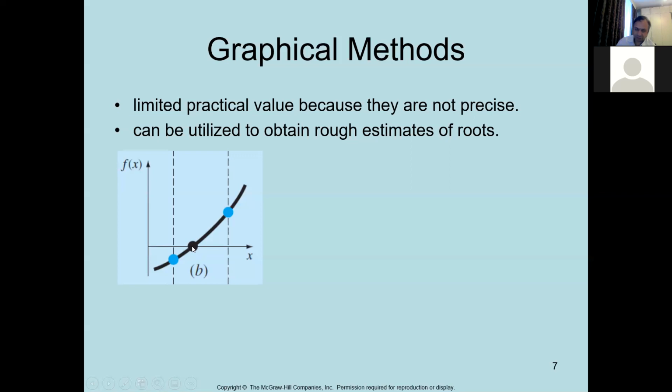black dot. So here in this case, you can see that this function is exhibiting only one solution between the lower and upper limits of the estimates.